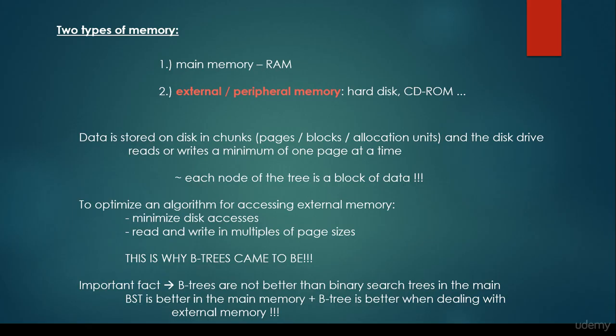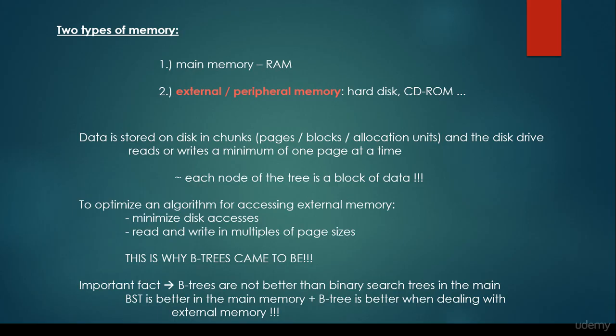This is not the case for a binary search tree or for an AVL tree or for a red-black tree. There we store a single key, a single integer for example, a single custom object. Here for the B-tree, we can store an entire block of data, such as for example a chunk of memory or a page, block, allocation unit. It doesn't matter what we call it.